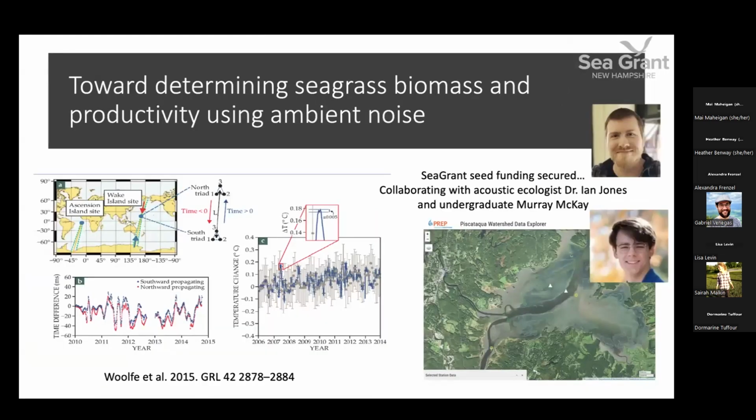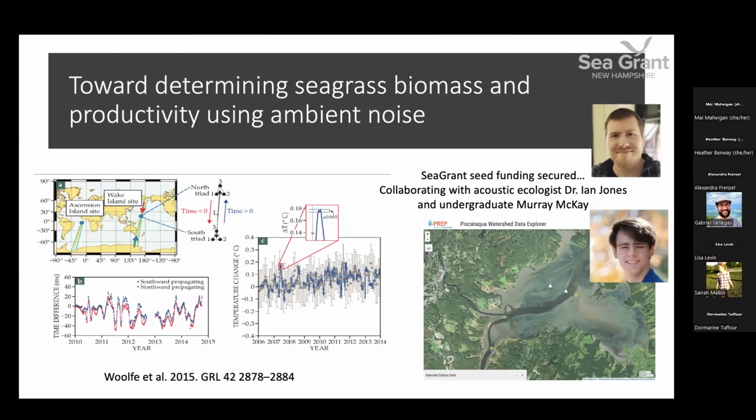This is brand new. We're just talking about it now. We just got a little bit of seed money to do this really cool acoustics technique called ambient sound correlation. Probably the coolest application I've seen is this one, published in 2015. They have two cabled acoustic arrays that are, I don't know, 100 kilometers apart from each other.